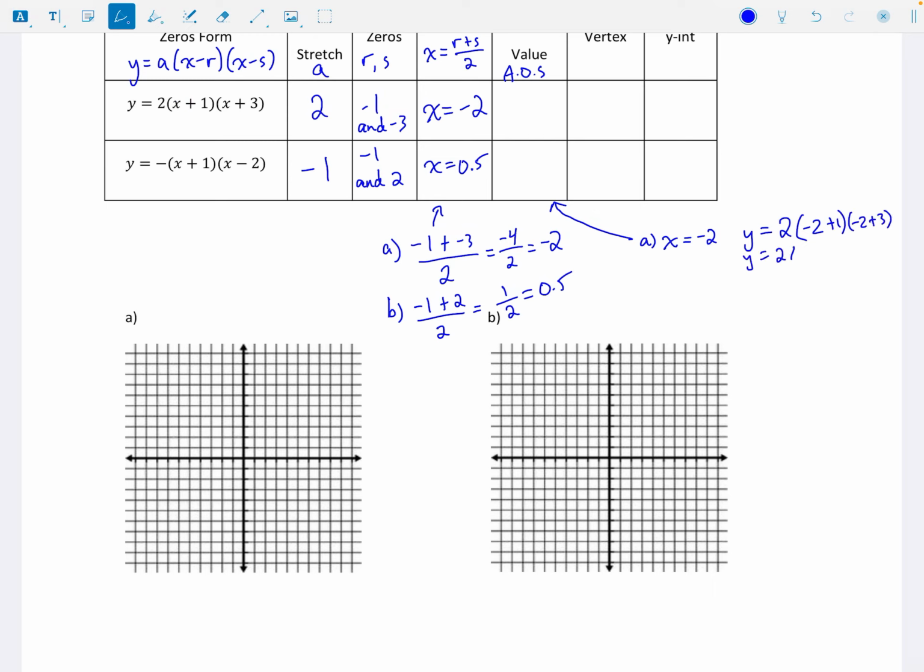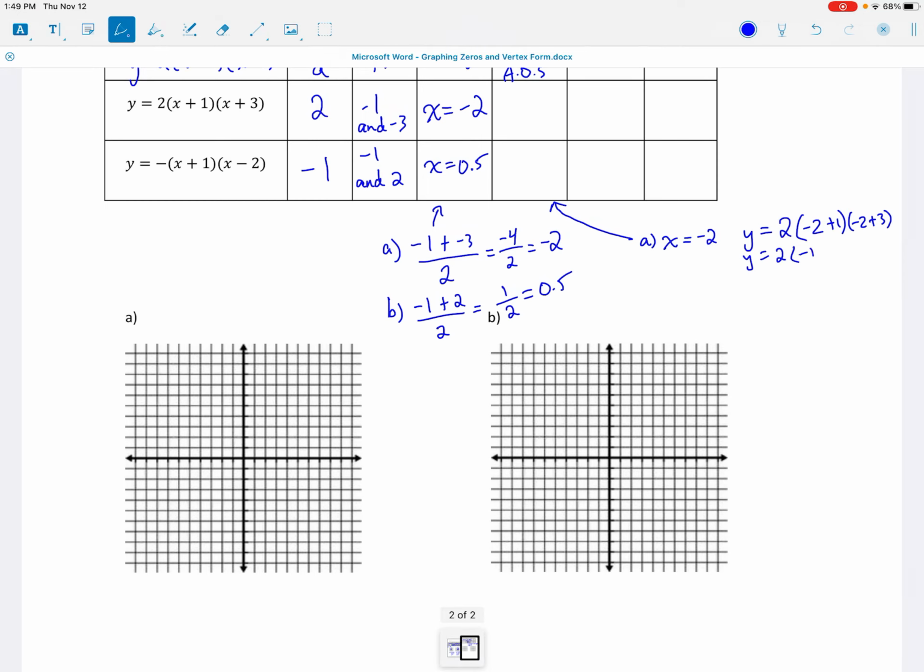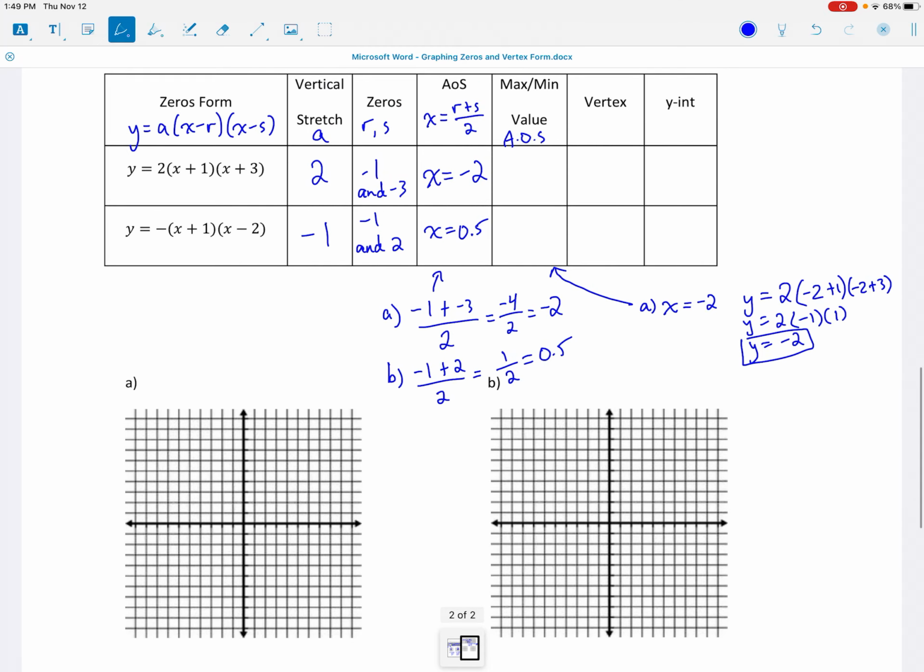So that gives us y equals 2. Negative 2 plus 1 is negative 1, and negative 2 plus 3 is 1, which means that y equals negative 2. So it hits some kind of value, a max or a min, at negative 2, which means the vertex is at negative 2, by the way.